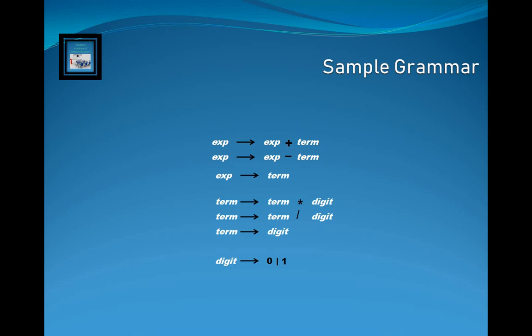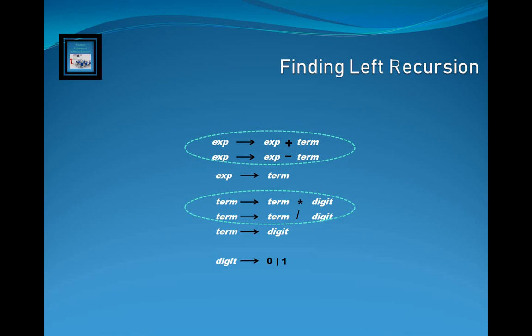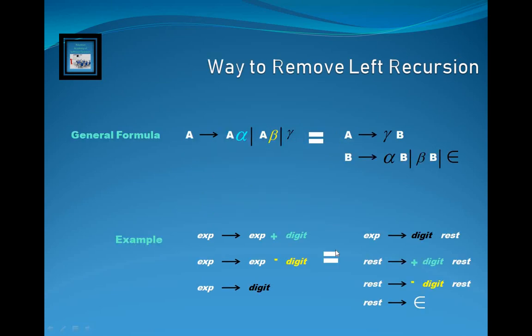So this is our simpler grammar, and as this grammar has some left recursion, first of all the task is to know where the left recursion exists in this grammar. In these first 2 productions as well as in these 2 productions left recursion exists.